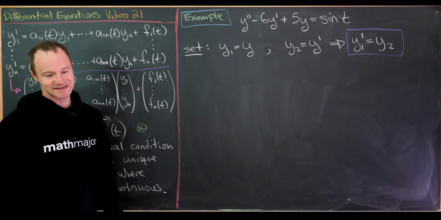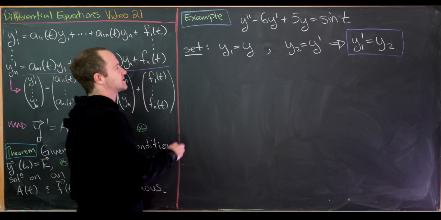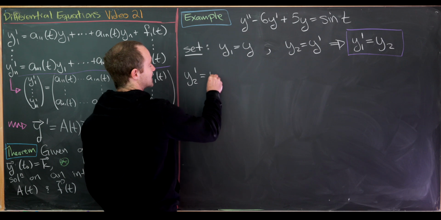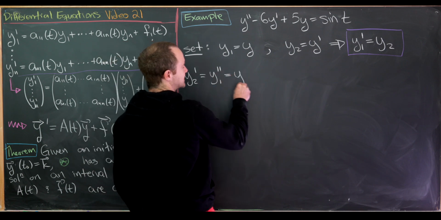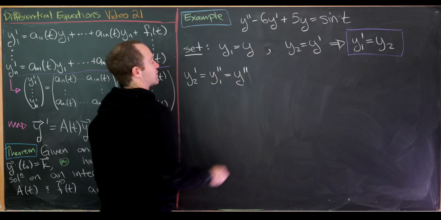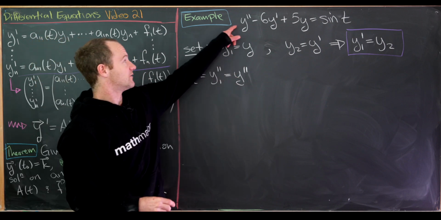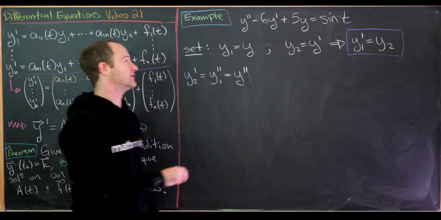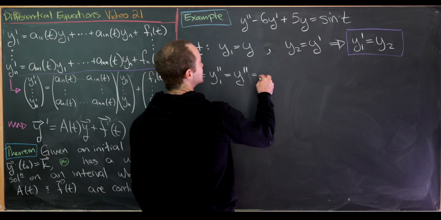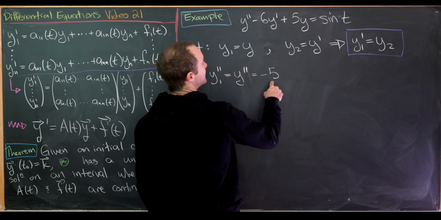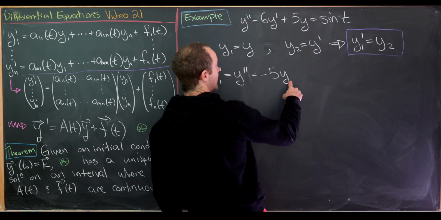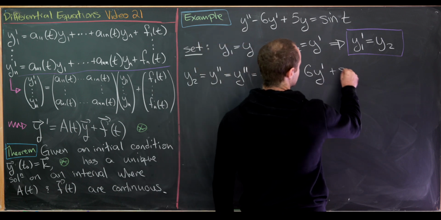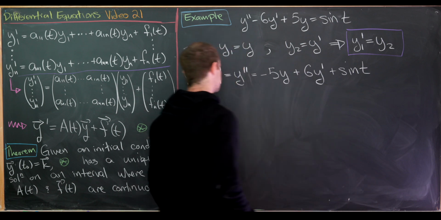Now let's try to get the second equation. Notice that y2 prime is the same thing as y1 double prime, which is the same thing as y double prime. But we can solve that in terms of y prime, y and this sine function using our given differential equation. This is equal to minus 5 times y plus 6 times y prime plus the sine of t.